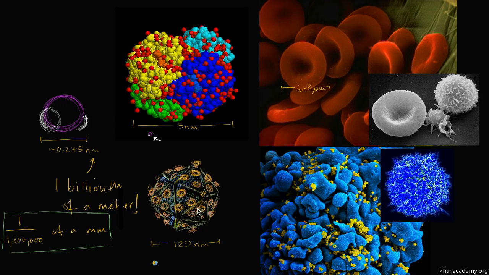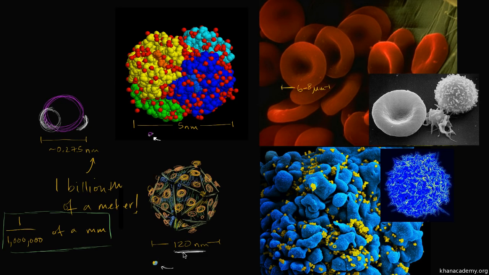This is HIV, and it's actually one of the larger viruses, and its diameter is roughly 120 nanometers. So if we were to draw this hemoglobin protein at the same scale as we've drawn this virus, this thing right over here would be the hemoglobin protein, and we wouldn't even be able to see the water molecule at this scale right over here.